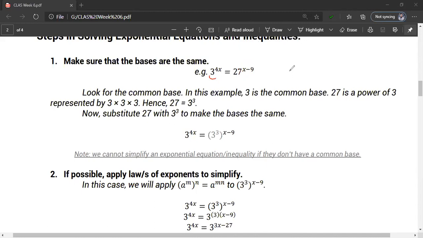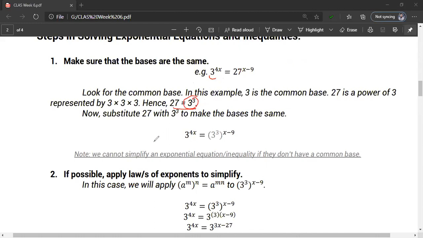Ano nga ba ang exponent ni 3 para maging 27 siya? So kung ang 27 can be represented by 3 times 3 times 3, therefore we multiplied 3 thrice. So ang exponent natin is 3 cube, or 3 raised to 3. So yan, 27 is equal to 3 raised to 3.